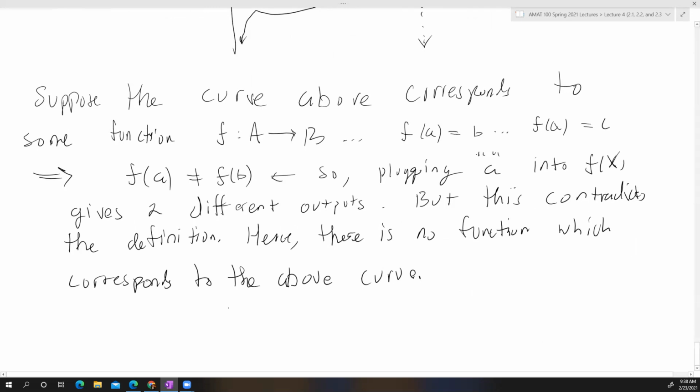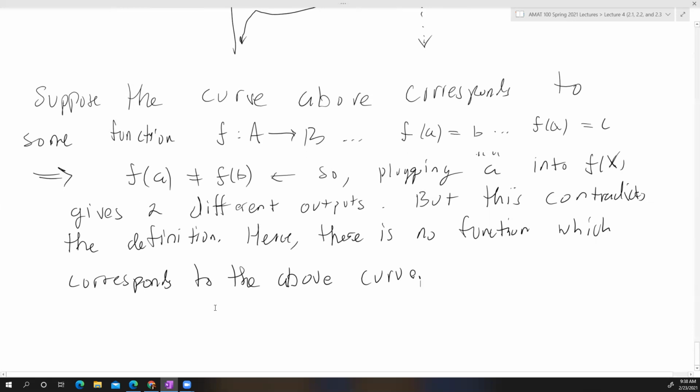But this is one example of a proof by contradiction. You assume the very opposite of what you're trying to prove, derive a contradiction, and then that shows that what you assumed to be false actually has to be true. Otherwise, you get a contradiction, and contradictions are bad, apparently. You can't have contradictions. Contradictions don't obtain in real life.